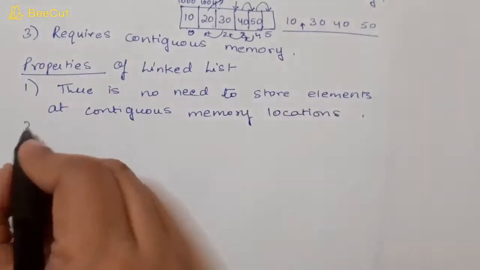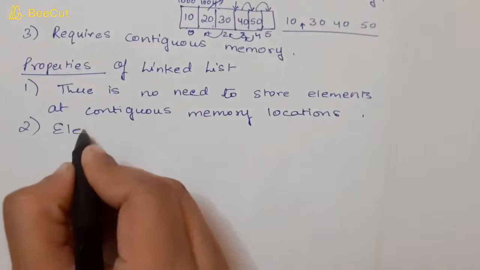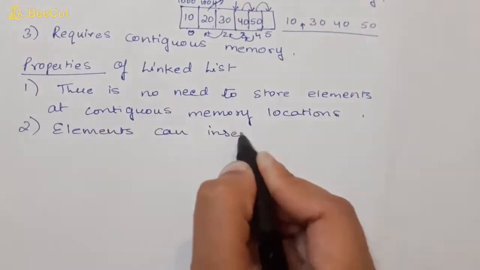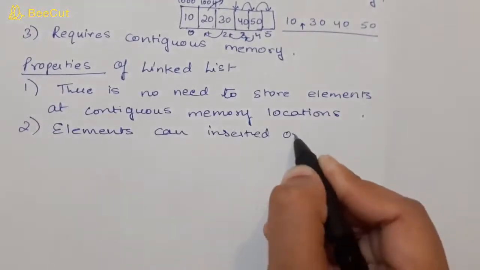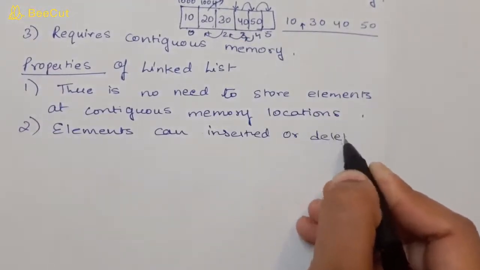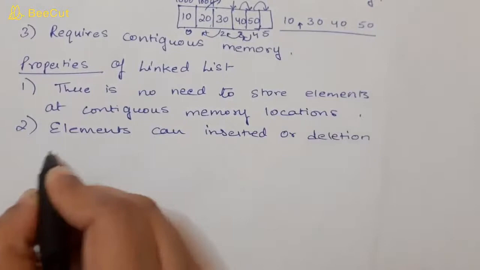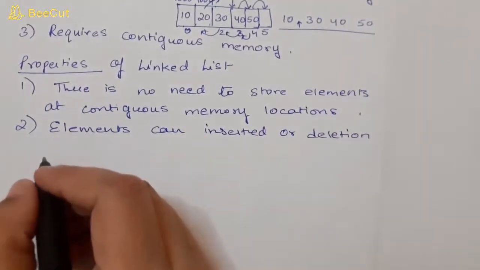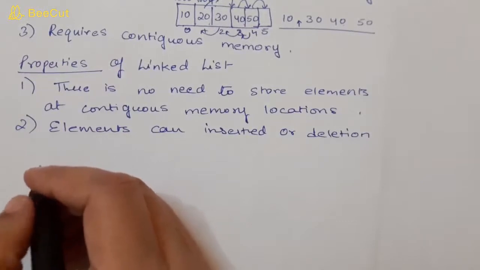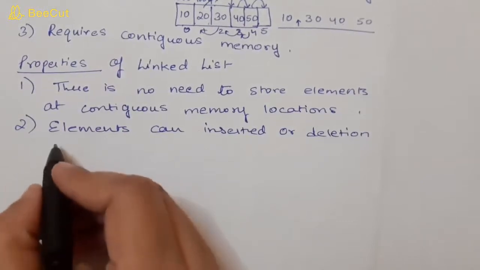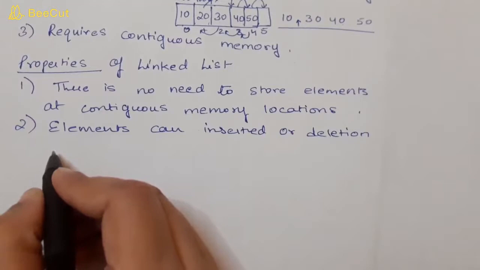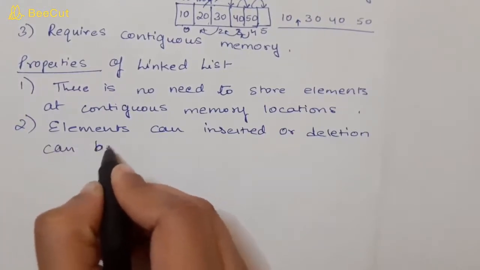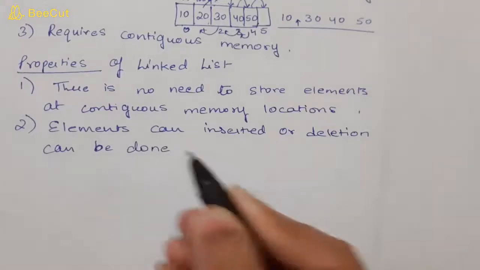Secondly, here elements can be inserted and deleted at runtime. We can insert as many elements as we want, depending on the memory of the system. Whatever system you are using, if memory is available, then obviously you can store as many elements as you want. So insertion and deletion of elements can be done at runtime by the use of pointers.